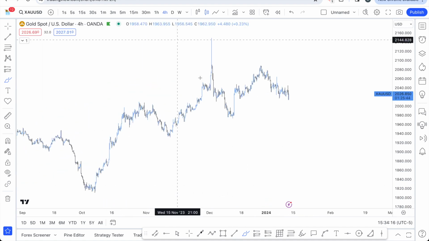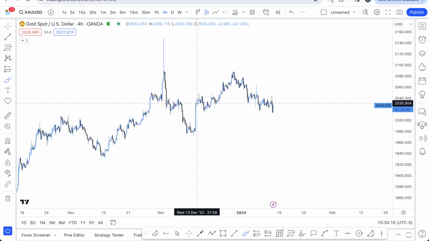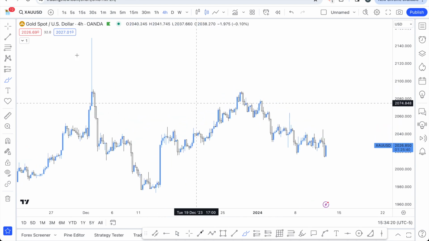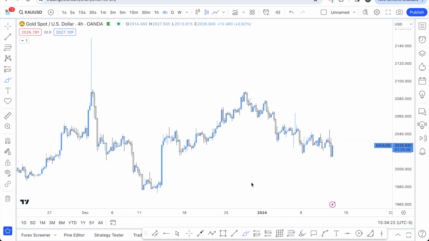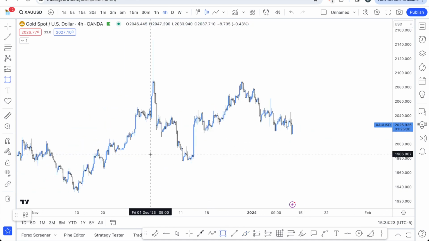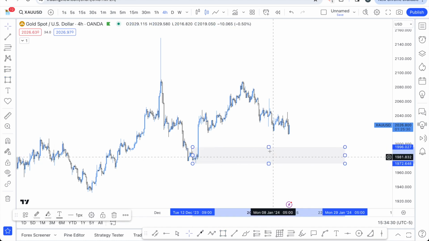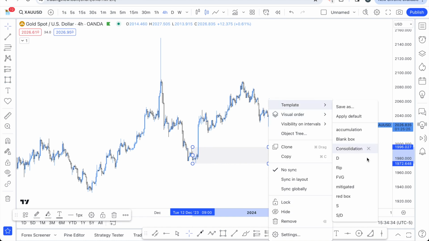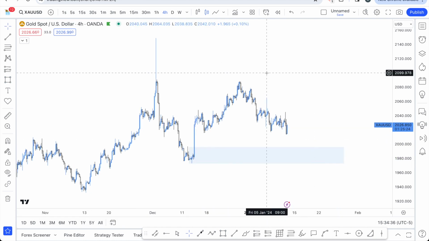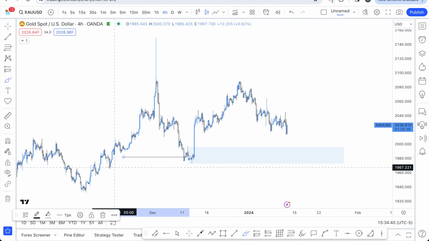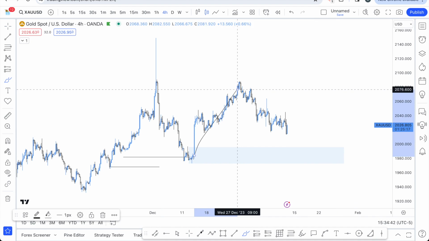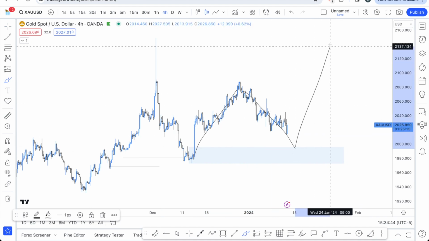I'm going to show you some examples. Let's look at gold on the 4-hour. You can see here is where the next demand zone is. On a long-term perspective, we would wait for price to get here, having mitigated this demand and run, and wait for price to get back here to continue bullish.